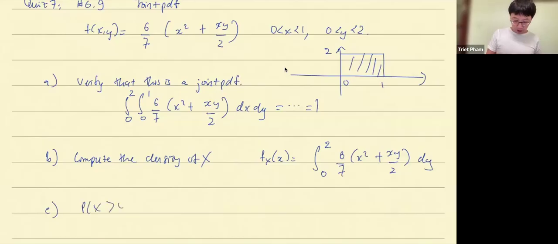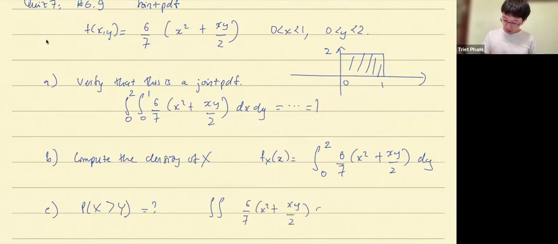Well, I guess it depends. C, probably x bigger than y. What would this be? It would be a double integral, right? So any preference? dx dy, dy dx?